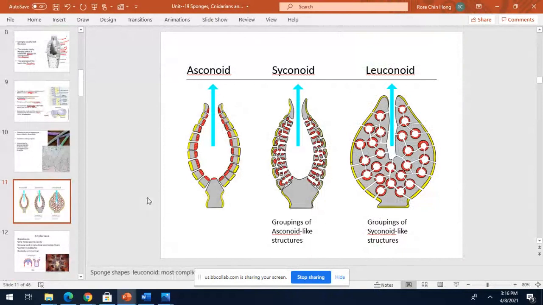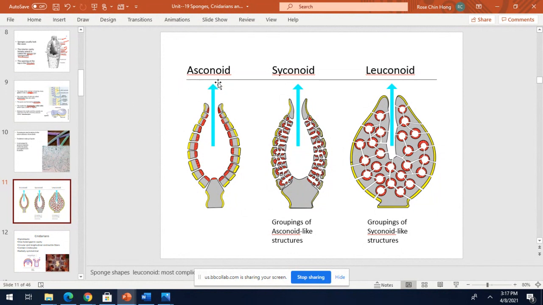All right. So now we were talking about the vase shape of these sponges. The basic is a vase-like shape. You see the arrow going out, that's where the water goes out through the osculum. All right, osculum here. So this is the asconoid. You remember we did the ascomycota fungus.